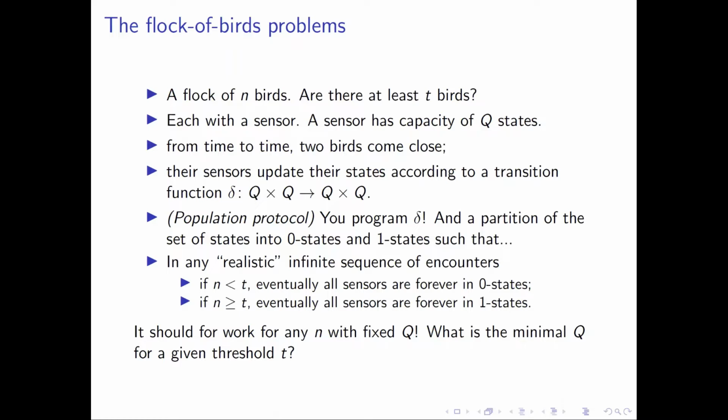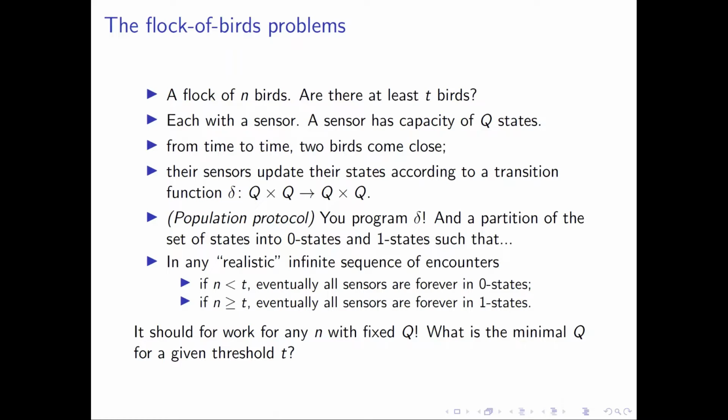The intuition here is that the sensors should converge to a consensus that the size of the flock is less than the threshold. And similarly, if n is at least t, then for any realistic infinite sequence of encounters, it should hold that there is some place starting from which all sensors are in 1 state.